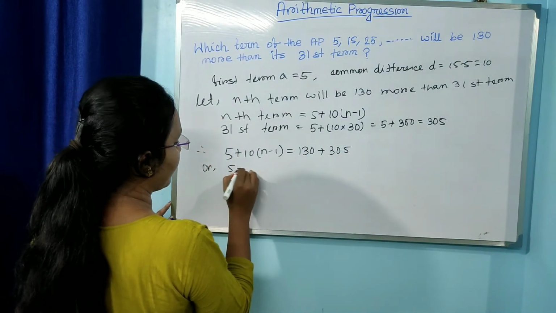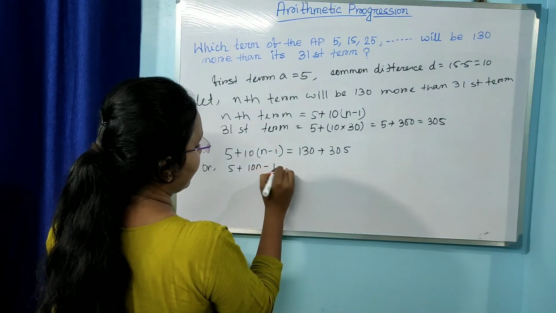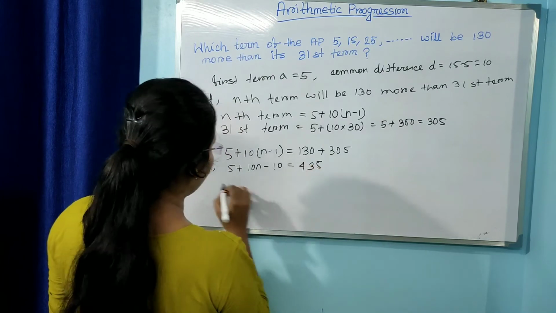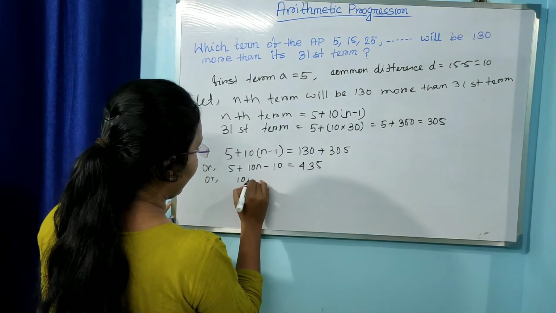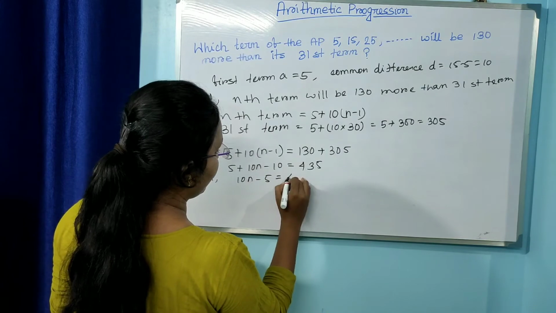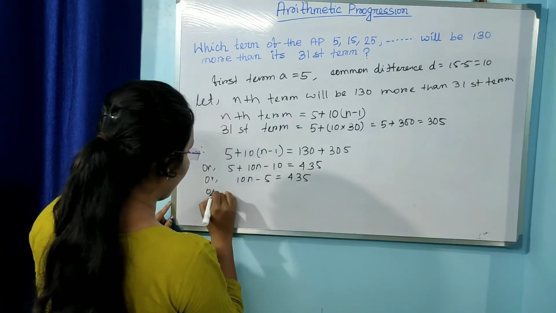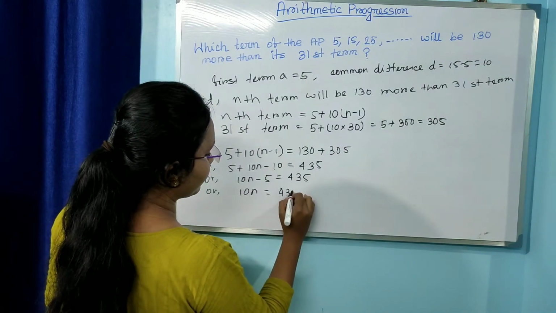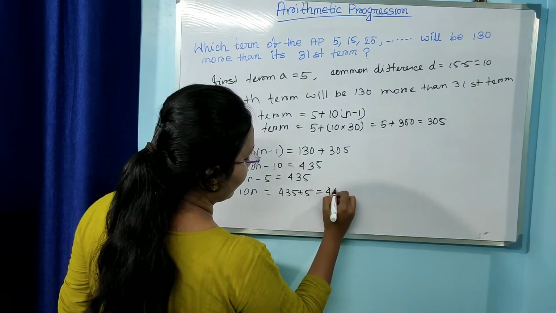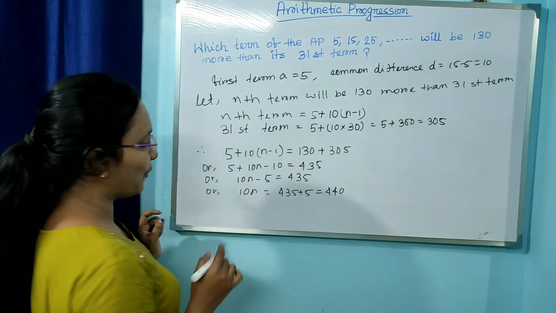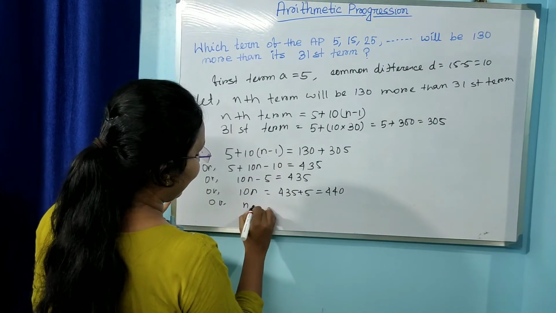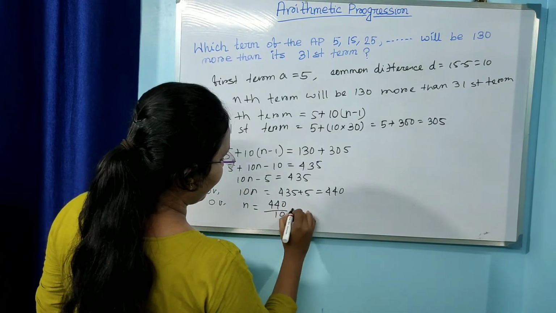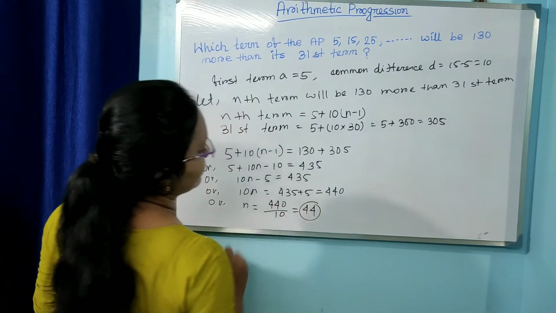So from here you can write 5 plus 10n minus 10 equals to 305 plus 130, that is 435, or 10n minus 5 equals to 435, or 10n equals to 435 plus 5, that will be 440. So n equals to 440 upon 10, which is 44. So this is the answer.